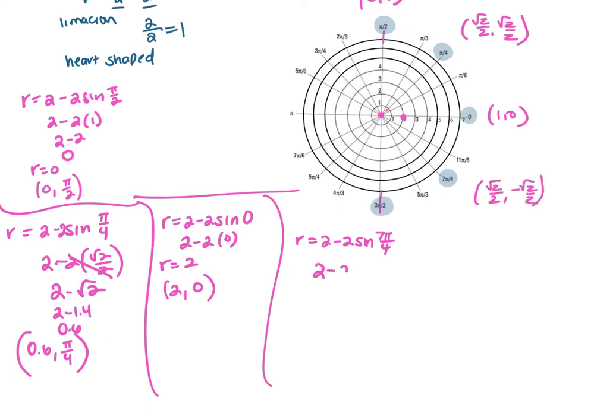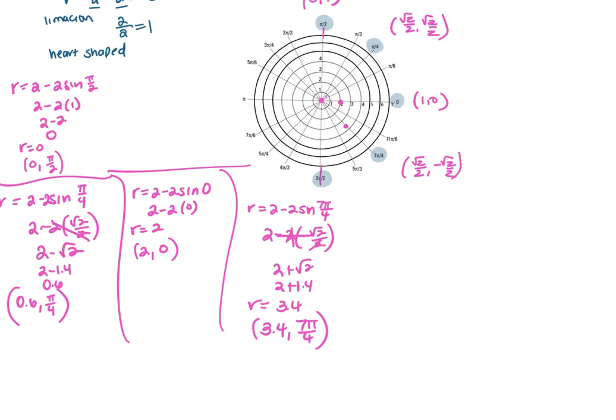So the sine is negative root 2 over 2. These cancel, and I end up with minus a negative, which becomes positive. So 2 plus root 2, 2 plus 1.4, which is 3.4. So that coordinate point is 3.4, 7 pi over 4.